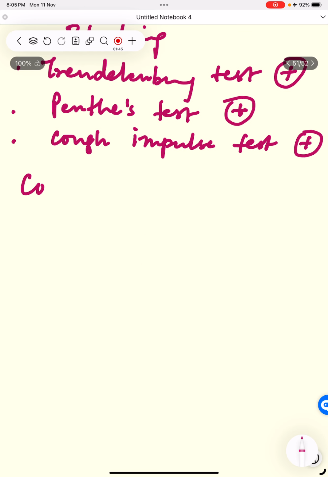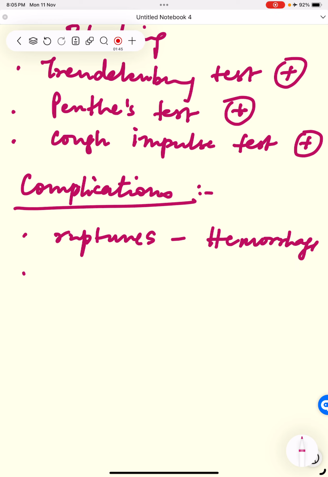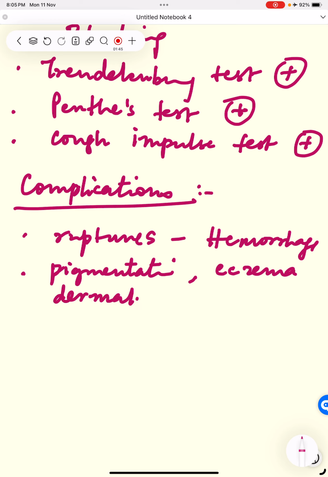Right. Now, when we talk about the complications that we must bear in mind, if the vein ruptures, this can cause hemorrhage. Locally, the patient can have pigmentation, or it can turn into eczema or dermatitis.